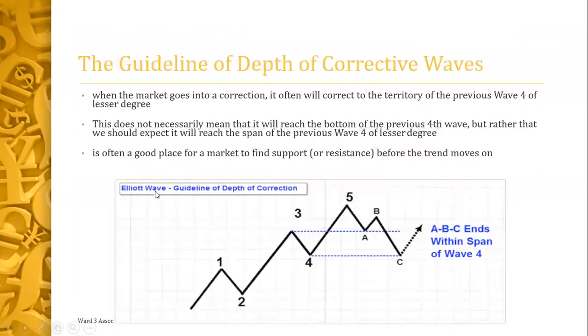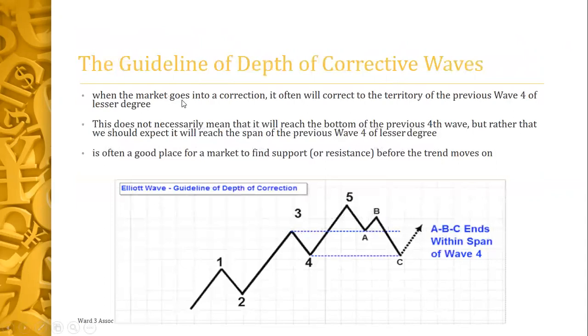Okay. So the guideline of depth of correction waves. This goes back to understanding a little bit of Fibonacci, which we'll get into on the next class, and then a little bit of a different guideline that we'll cover here in a second.